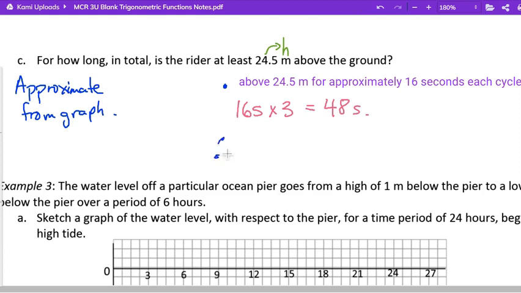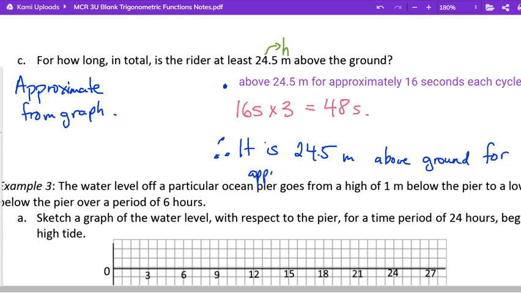And so we can say, therefore, it is 24.5 meters above ground for approximately 48 seconds.